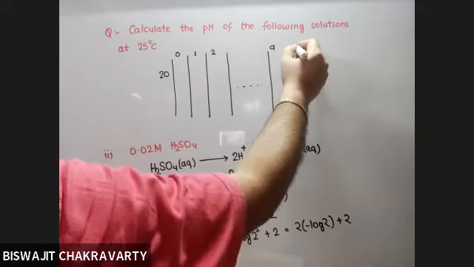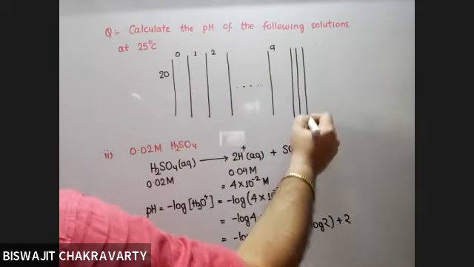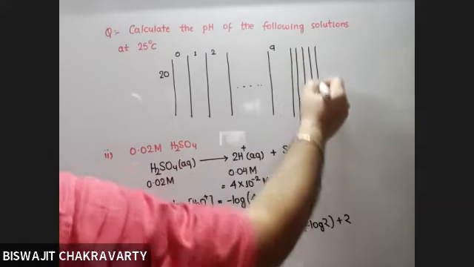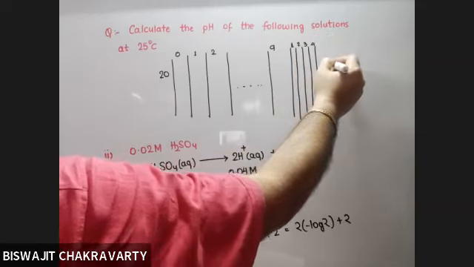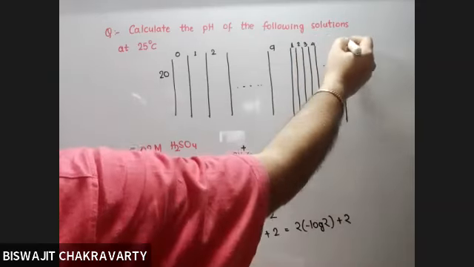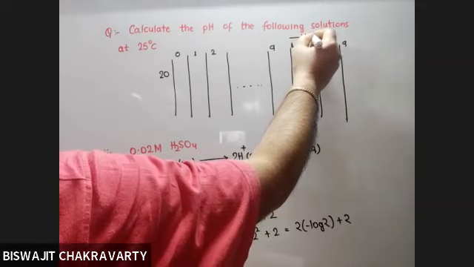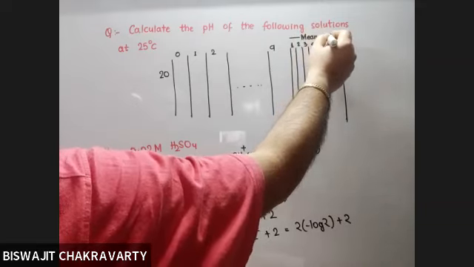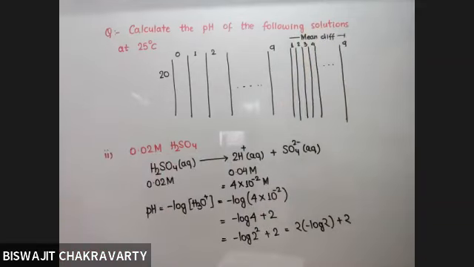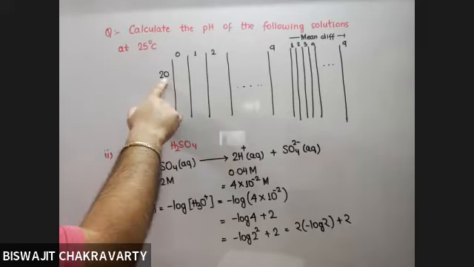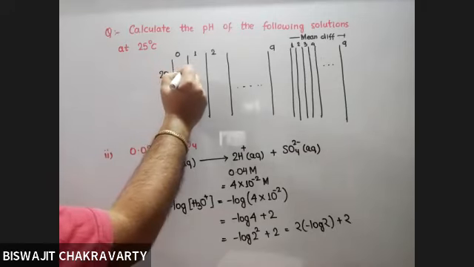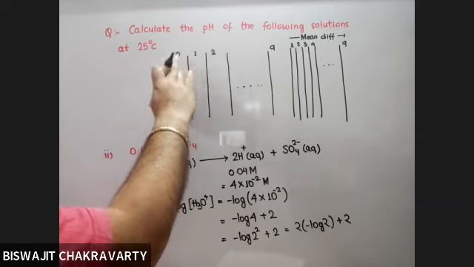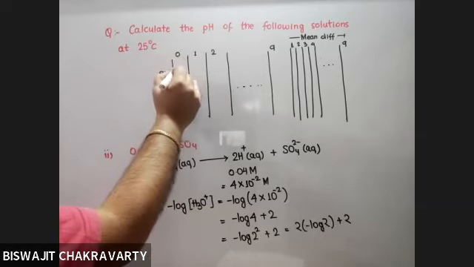And again, at the extreme right hand side, there are smaller columns, 1, 2, 3, 4 up to 9, that is called mean difference table. So when you look at the log table, you will see that in front of 20, 0.3010 is written. Only 3010.